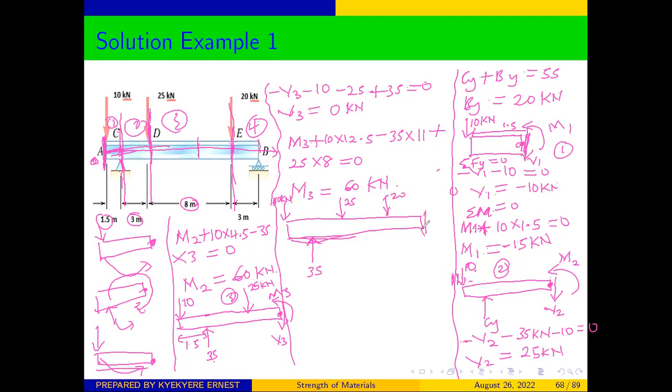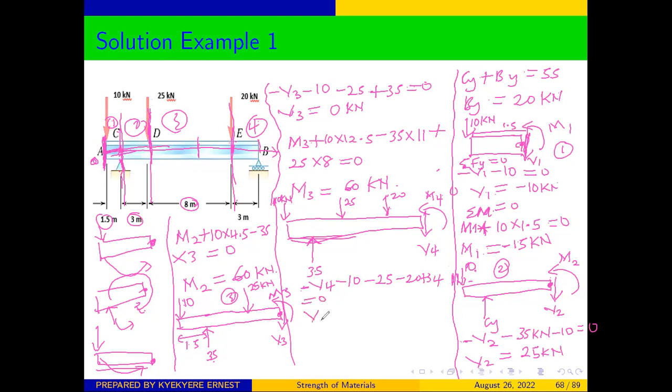And of course, our shear force will be positive, and our moment is going to be also in the positive direction, M4. So from there, we can say that V4 coming down, so minus V4, N is coming down, 25 is coming down, 20 is coming down, 35 is going up to be equal to 0.